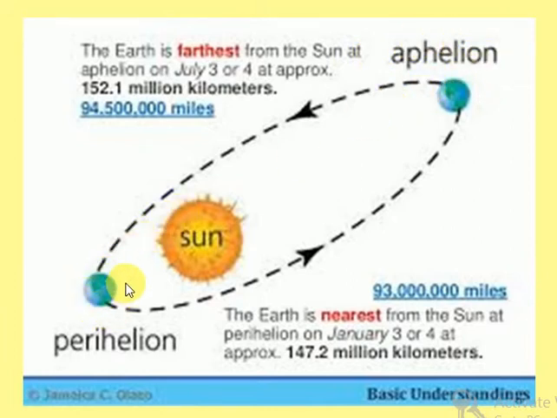And when it is near to the sun, it is known as perihelion. The earth is nearest to the sun at perihelion on January 3 or 4, whereas the earth is farthest from the sun at aphelion on July 3 or 4.